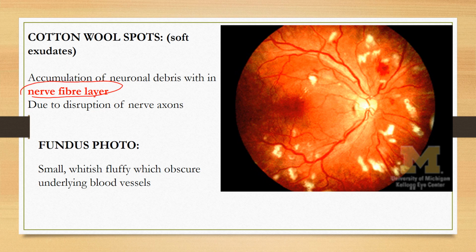Here, due to the changes in the nerve axons, it will appear fluffy, exactly like cotton candy. There won't be any distinct margin in case of cotton wool spots, whereas in case of exudates there will be a distinct margin.